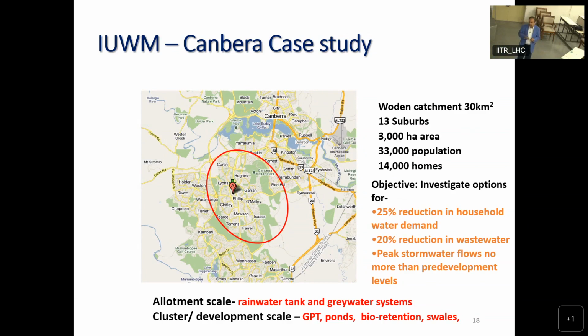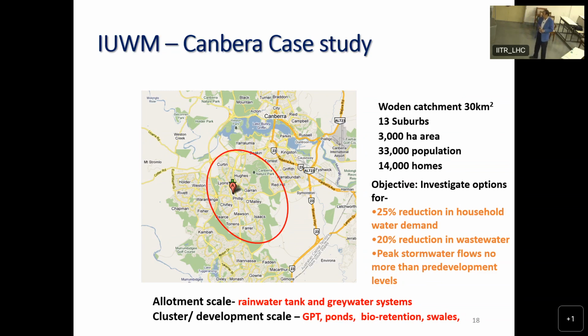Again, there is a publication which I will share with you to give some idea that it is not only in new developments, we can also think of some options in existing developed areas too, based on the form of the development.